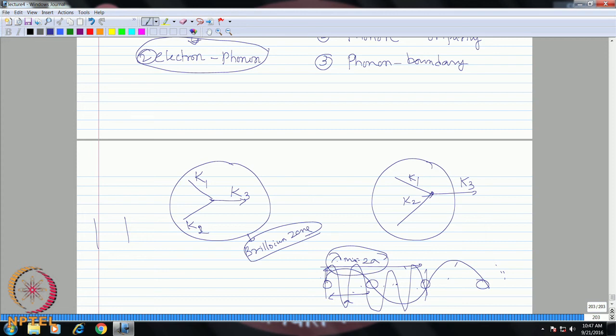Right. So, when we define collision between two phonons, we have to make sure that the wave vector of the third phonon is not greater than the allowable wave vector space within the Brillouin zone. If this wave vector exceeds the Brillouin zone wave vector, it would have to move out of the Brillouin zone, which is not possible because you cannot have vibrations which are smaller than the lattice spacing.